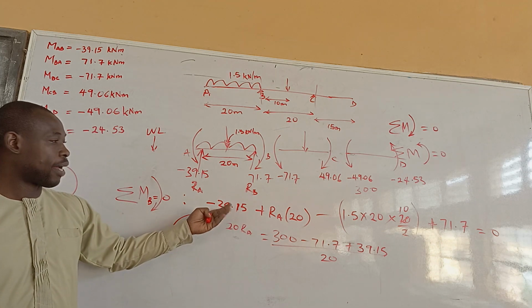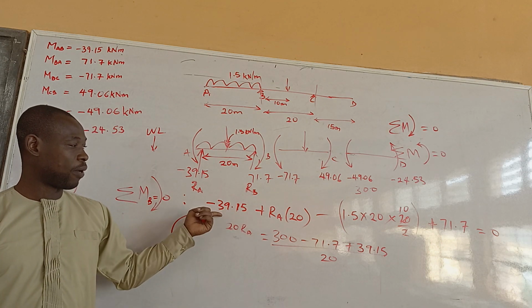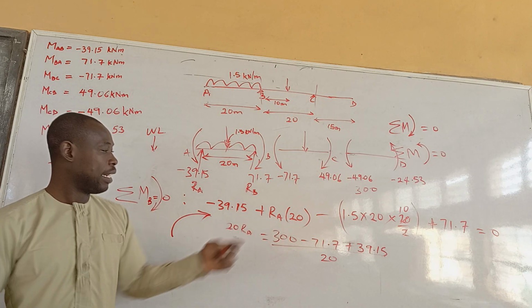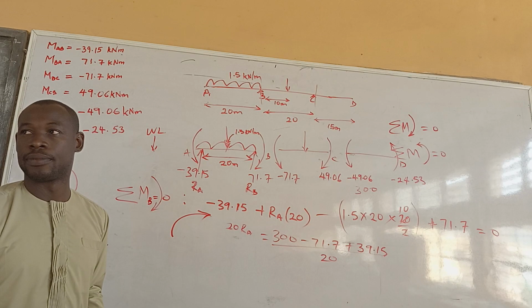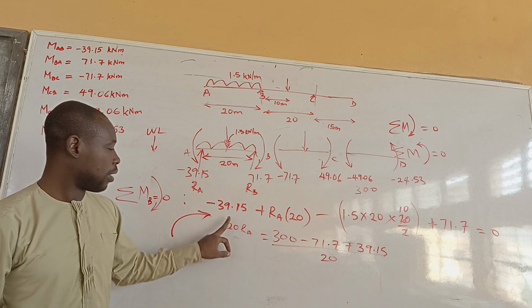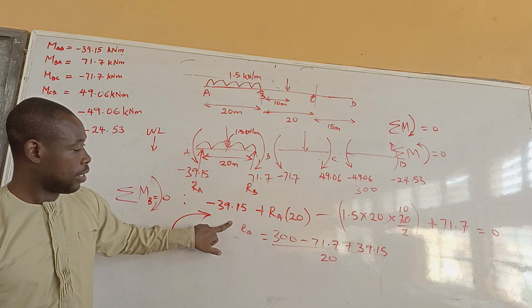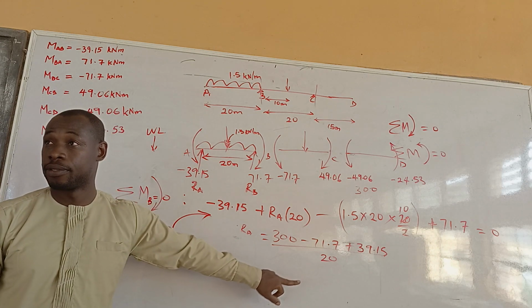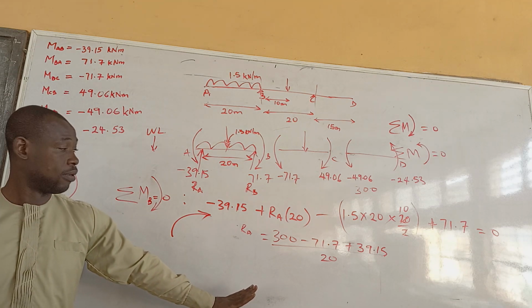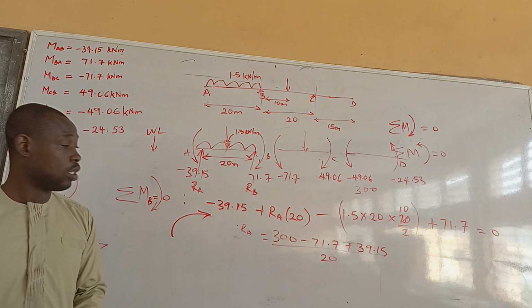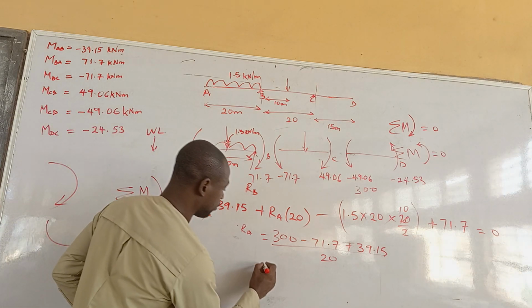From what I have here, minus 39.15 plus 20 RA. Let's hold this one at this side. Every other thing we're taking to the other side. But this 20 is what I'm using to divide it here. Sorry. You understand now? So what will be our RA now?